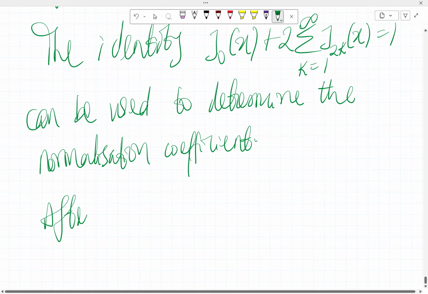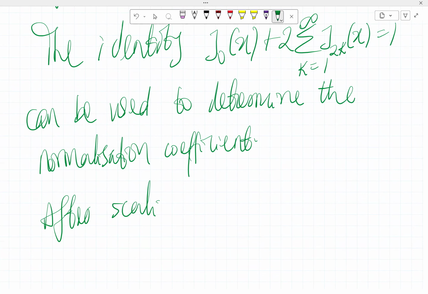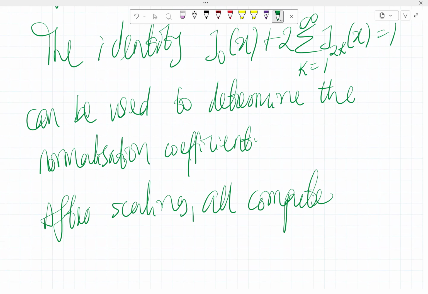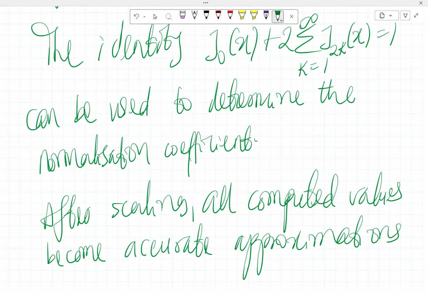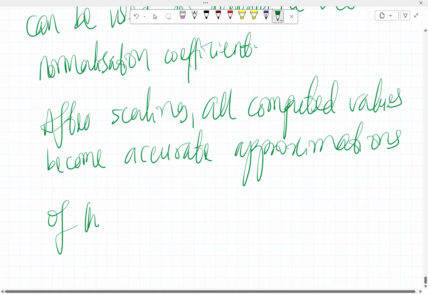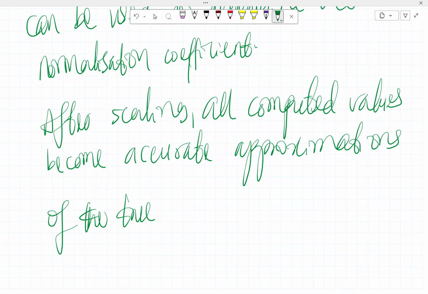So after scaling, all computed values become accurate approximations of the true Bessel functions.